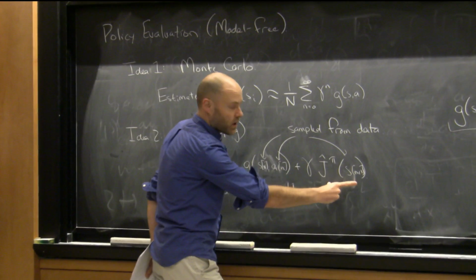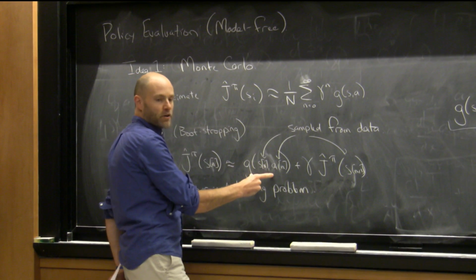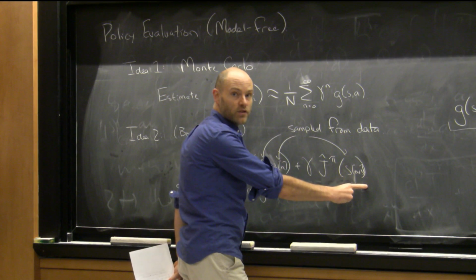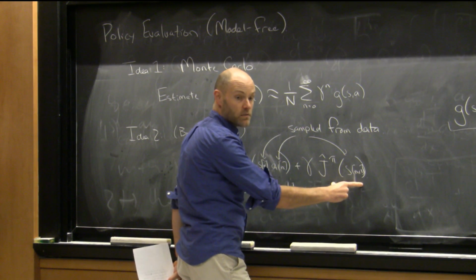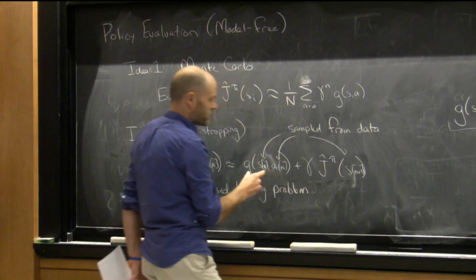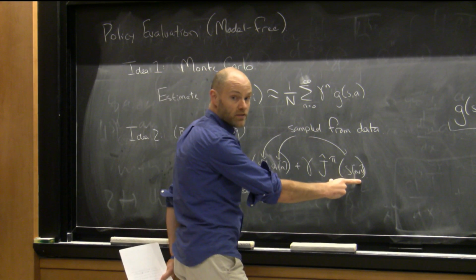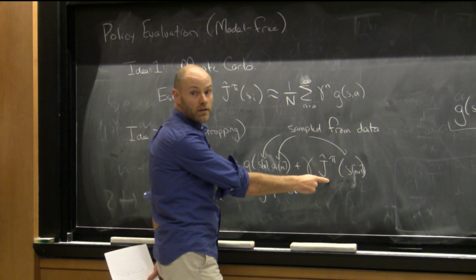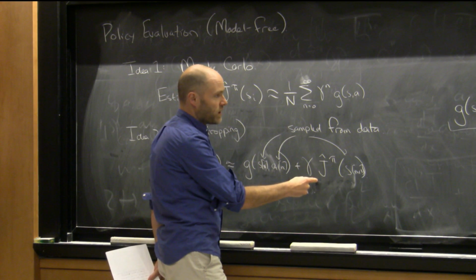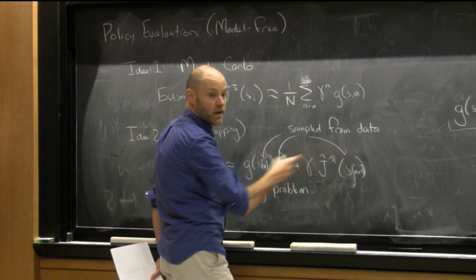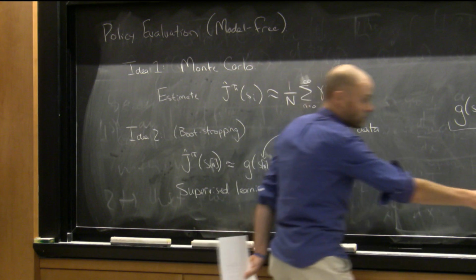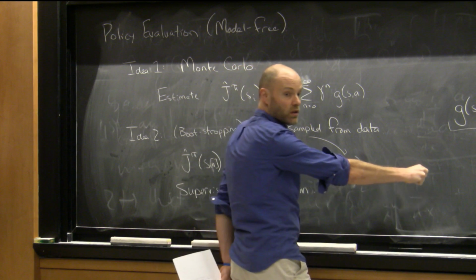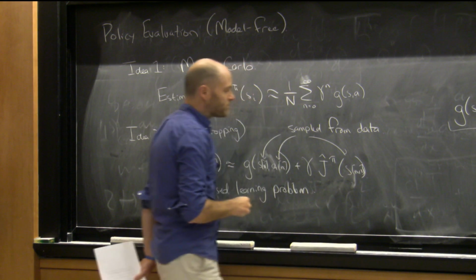I could have taken the one-step cost from data, the two-step cost from data, and then use the third step to do using my cost to go estimate. I could have done it with any number of steps from data and then my long-term cost. Okay, so you can sort of walk between Monte Carlo and the approximate cost to go, the recursion here. And TD lambda tries to walk that line where the lambda parameter, which is between 0 and 1, gives you either the short horizon version or the longer horizon version.